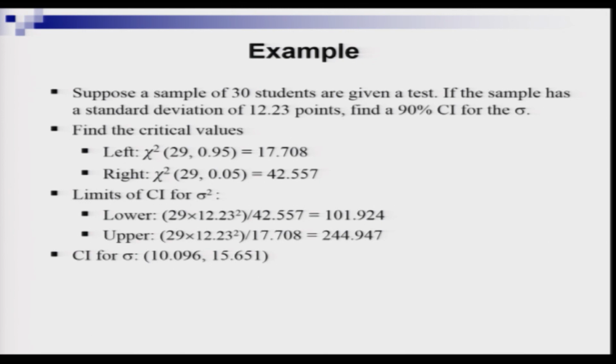Here we are looking for the 90% confidence interval, so the residual is 10%. Now you divide this 10% into 2 equal parts, so it becomes 5% toward each tail. So, you look at the table for the alpha value of 0.95 at the left tail, and for the right tail you consider alpha value 0.05.